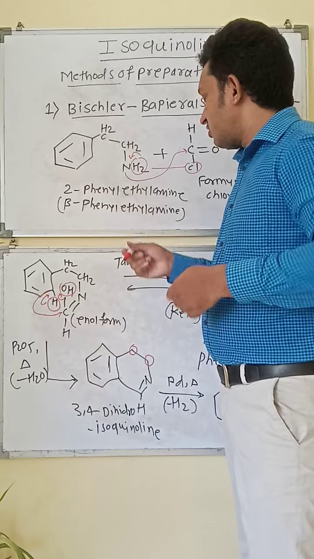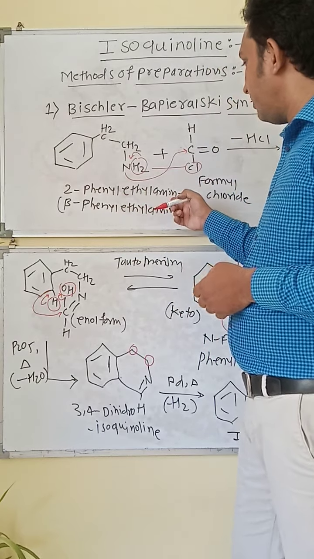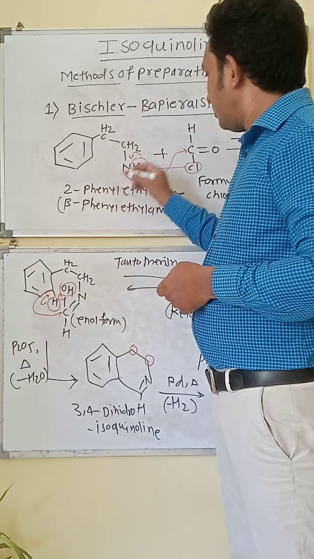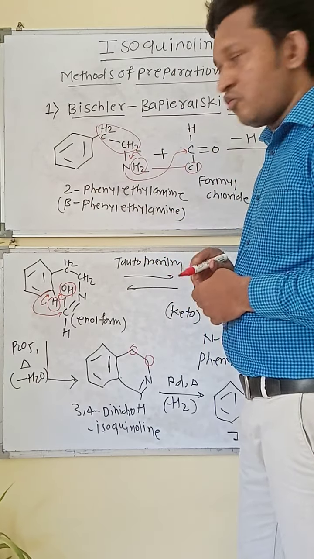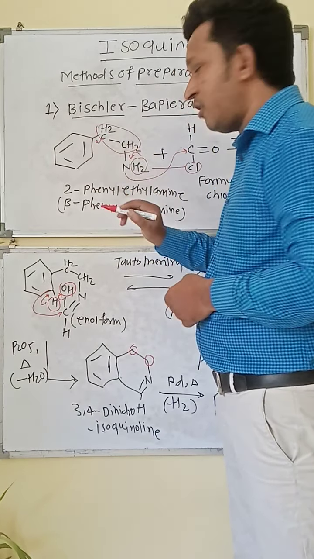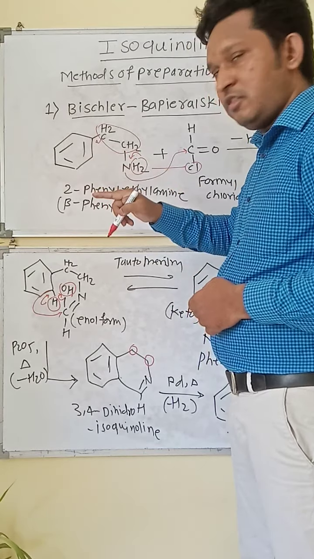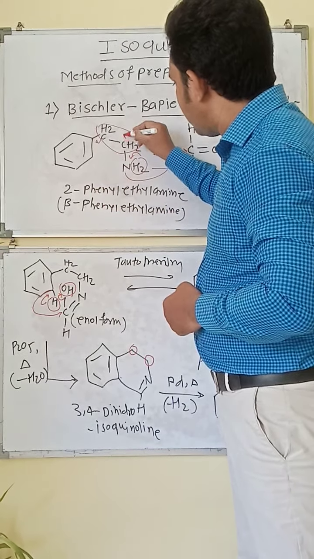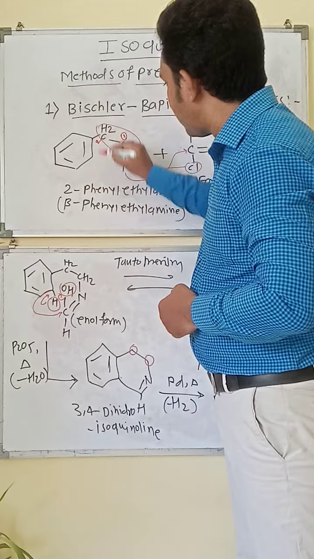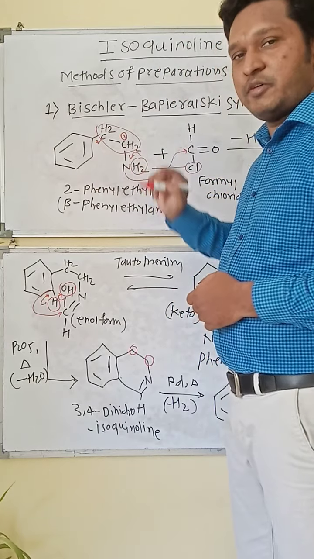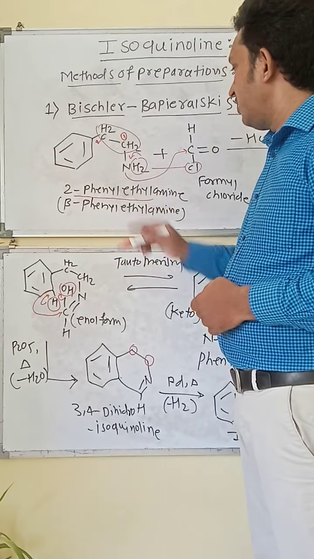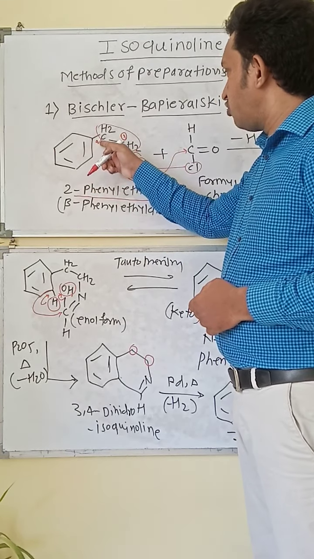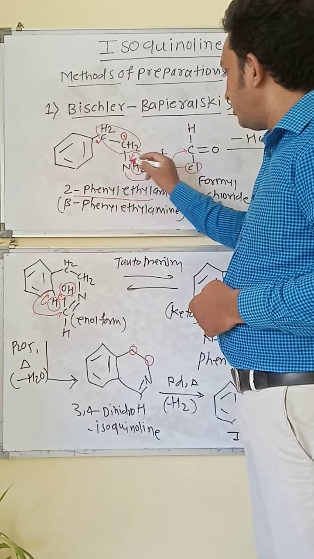First of all, the structure of 2-phenylethylamine. It is an ethyl group, and there is attachment of the phenyl group on the second carbon of the ethane. So this is the first carbon of ethane, this is the second carbon, where there is a substitution of the phenyl group, so it is called 2-phenylethyl, and this is the amine.